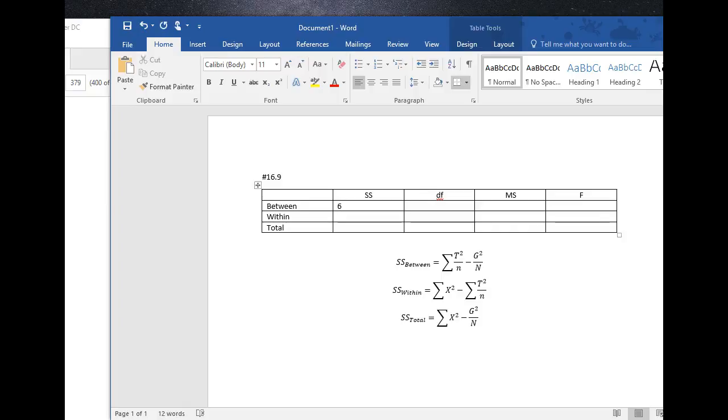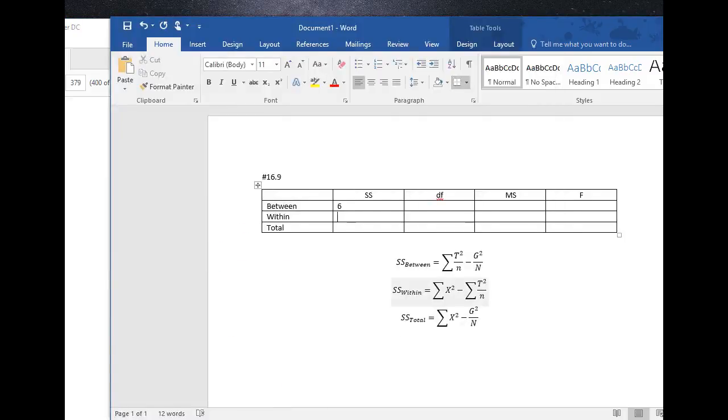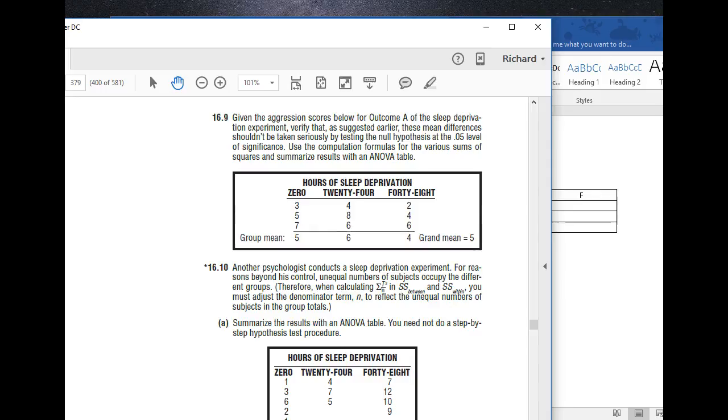Now for the sum of squares within, we're going to take the sum of all the scores themselves squared, minus this sum of T squared over n. That sum of T squared over n is the 231 we just computed. So I'm going to remember the 231, go back to my data, take all 9 of these regular scores, square them and add them all up.